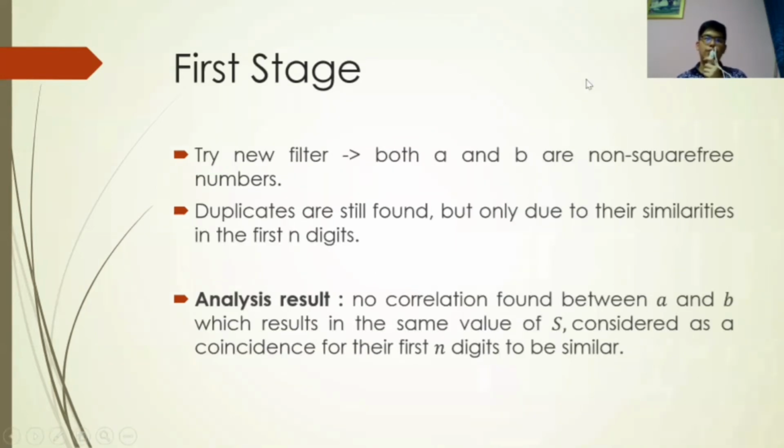And then, a new filter is tried where both A and B are non-square free numbers. Duplicates are still found, but only due to their similarities in the first n digits. The result of analysis is no correlation found between A and B which results in the same value of S. The phenomenon could be considered as a coincidence for the first n digits to be similar.